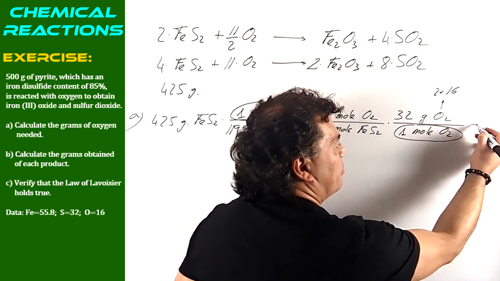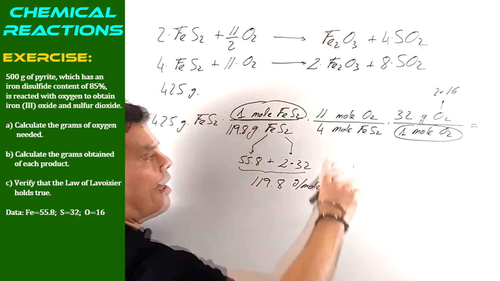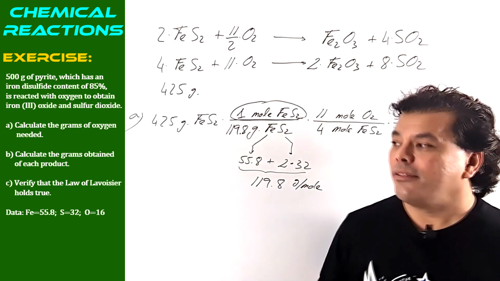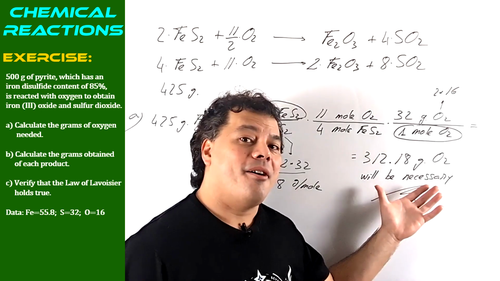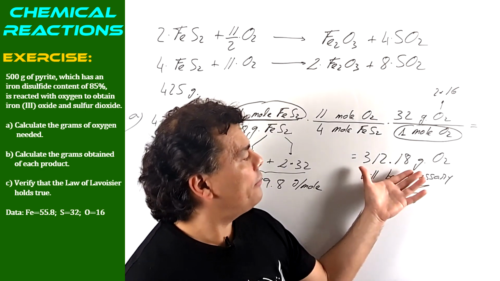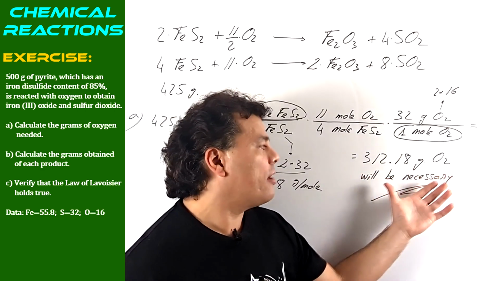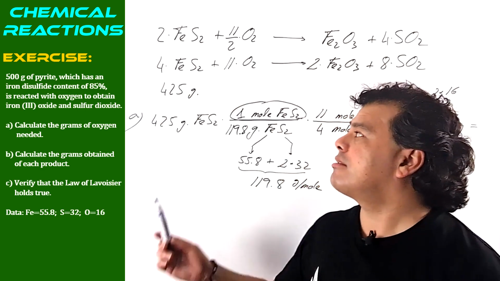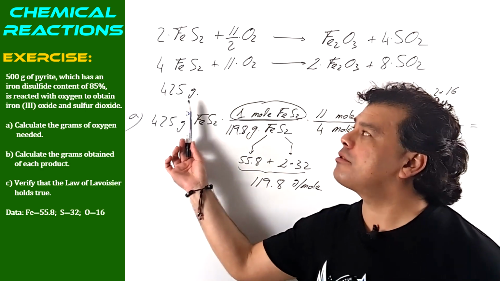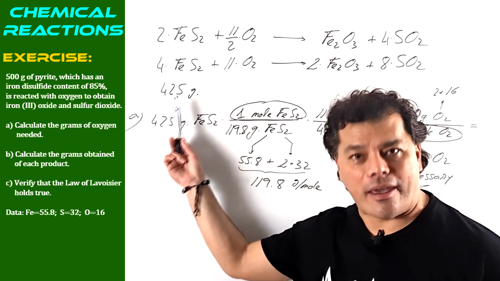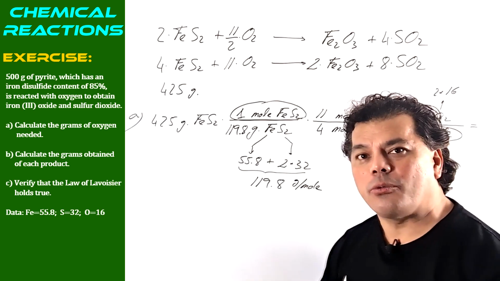Now it's time to introduce it in the calculator, and we will have already solved the A section. Hope you have obtained 312.18 grams of oxygen will be necessary to make this 425 grams of iron disulfide react. And don't forget what we've done.